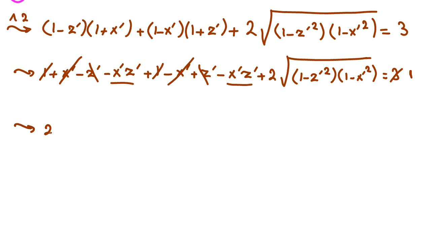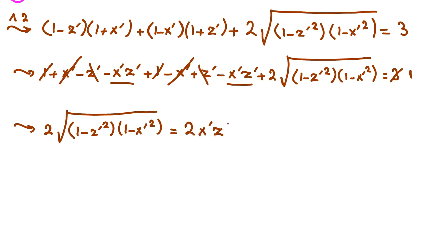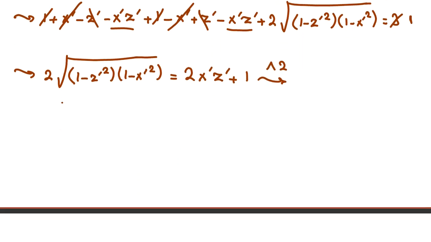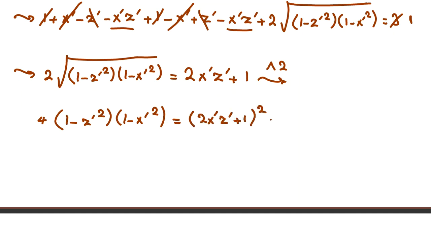So we can conclude 2 times the square root of (1 minus z prime squared)(1 minus x prime squared) equal to 2x prime z prime plus 1. Now let's raise both sides to the power of 2. It will be 4 times (1 minus z prime squared)(1 minus x prime squared) equal to this part squared, (2x prime z prime plus 1) squared.